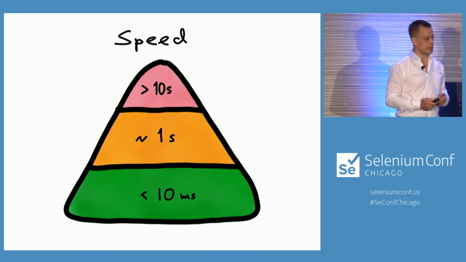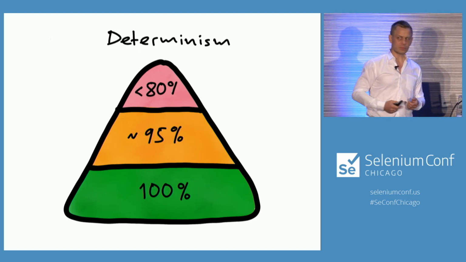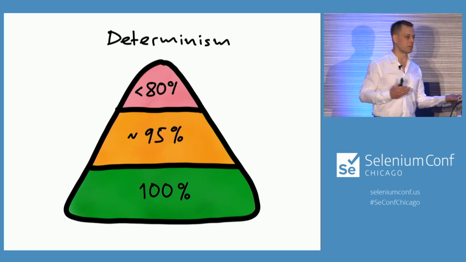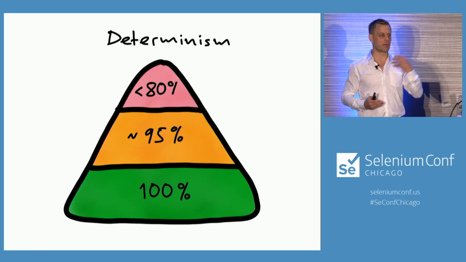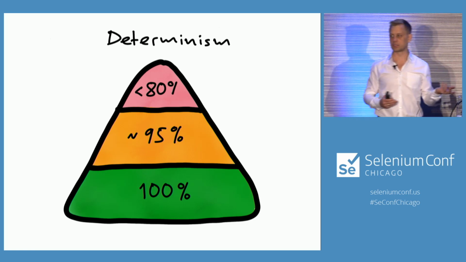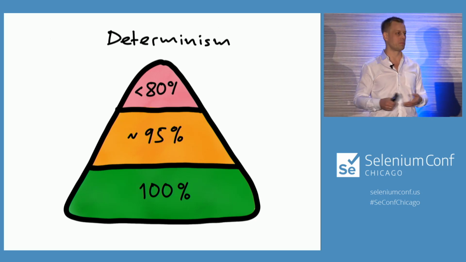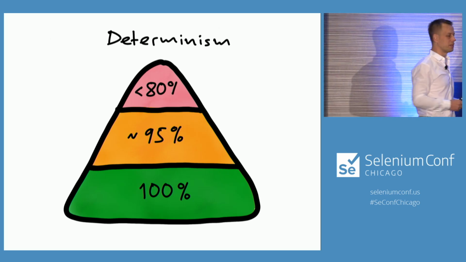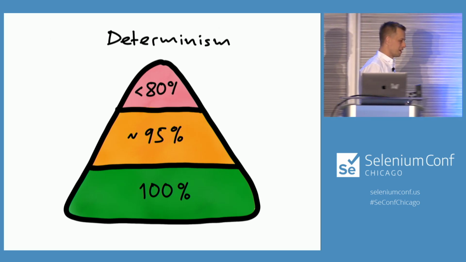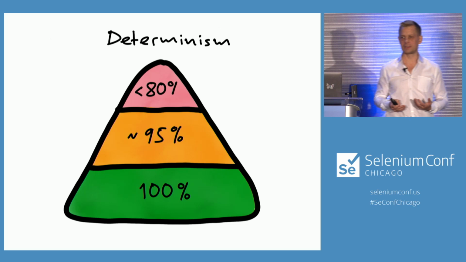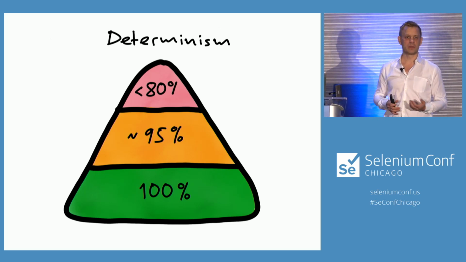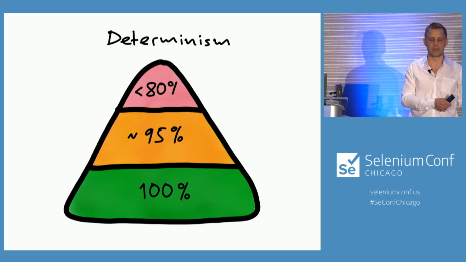Another thing that we care about is determinism or brittleness. If I run this test over and over and over again, how often is it going to fail? Because if it fails 1 out of 3 times or 1 out of 4 times, I kind of lose confidence in my test suite. And people start not caring about whether they're passing or failing.